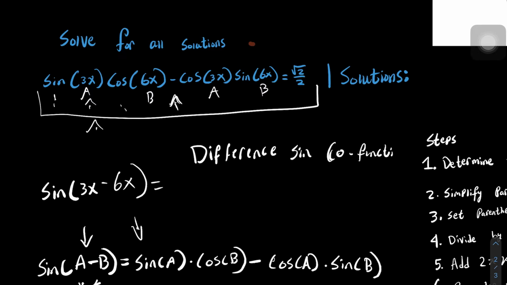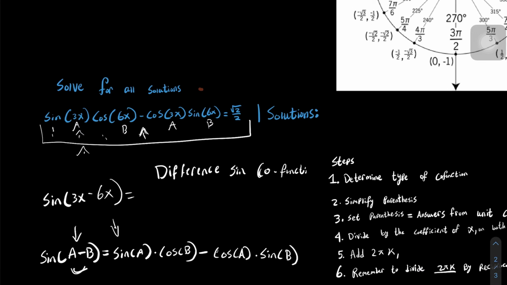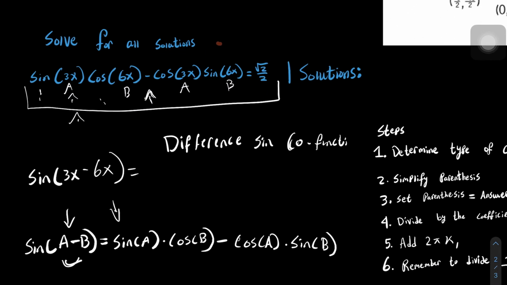Now we need to simplify the parentheses in step 2. So 3x minus 6x is sine of negative 3x, right? That is equal to the equation we see up there.